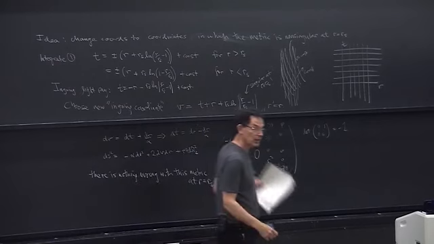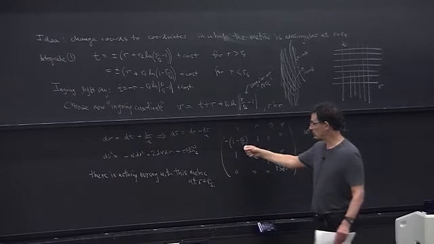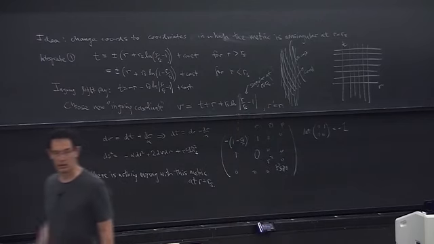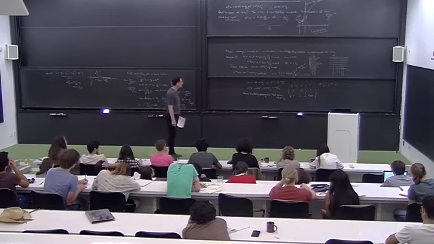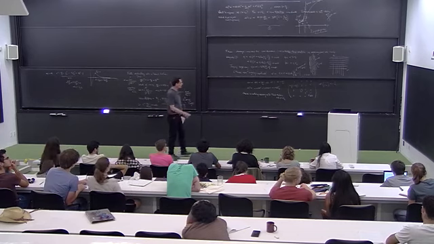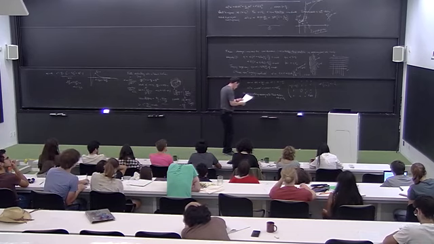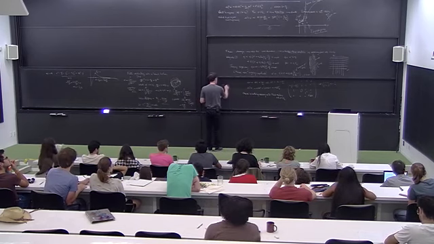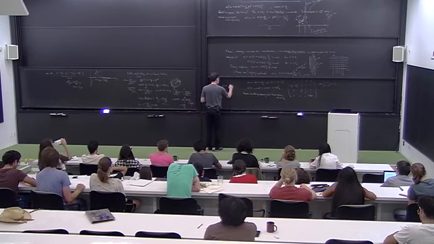Okay, it's still bad at r equals 0. At r equals 0, it's obviously singular, but we know we can never get rid of that singularity in any coordinates. So this is a good metric. And in fact, these coordinates are known as Eddington-Finkelstein coordinates.